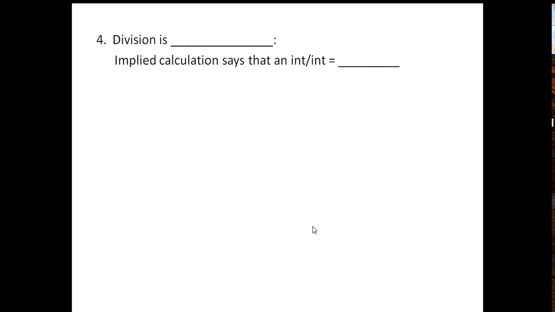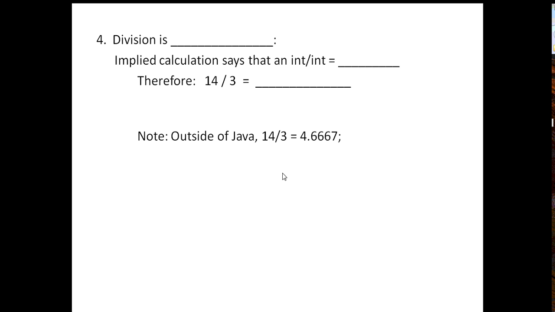Well, you go, what? Yeah, duh. Well, watch this. Therefore, what is 14 divided by 3? Maybe you want to pause this and come up with the answer. But it's amazing how many people miss this after we've said that an int divided by an int is an int.